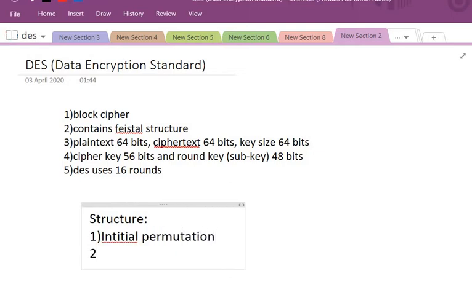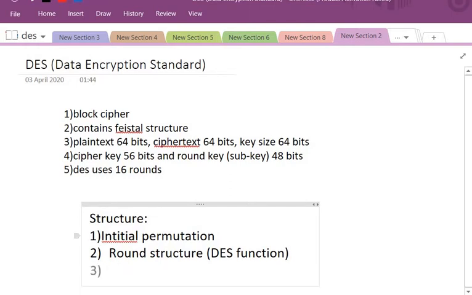The second one is called the round structure, or sometimes called the DES function, and the last one is called the final permutation.